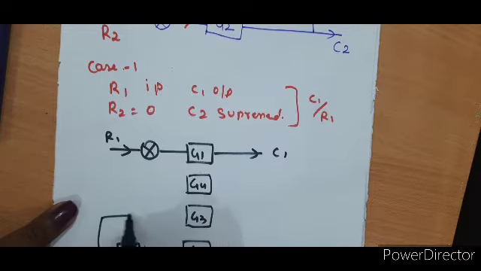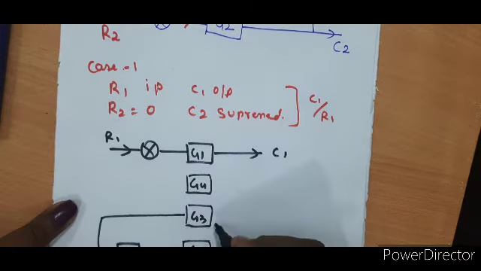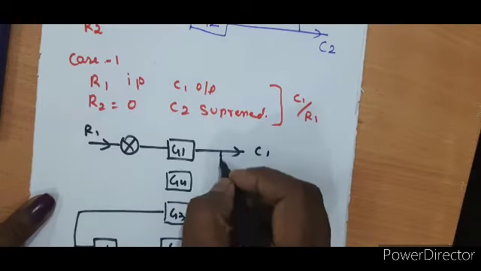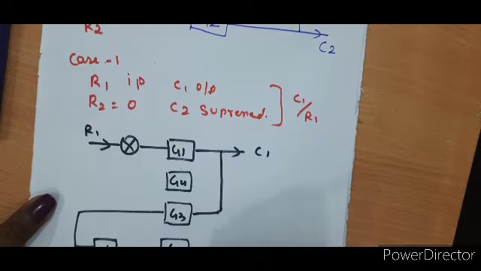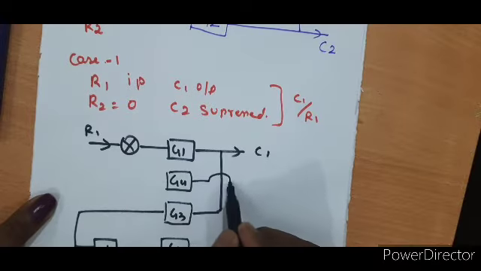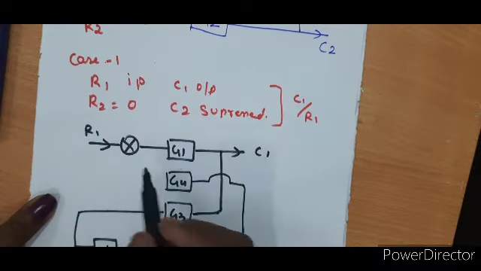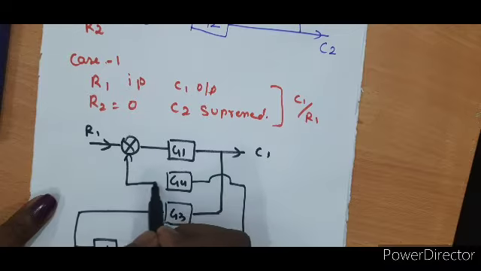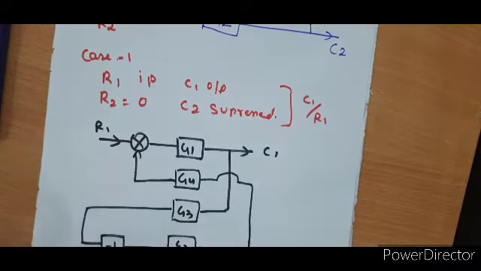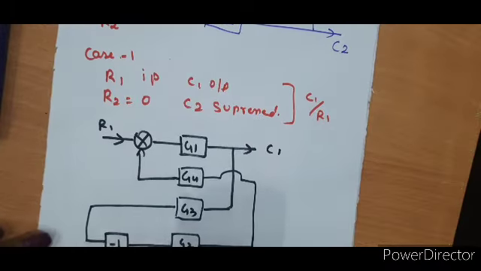Now this input is connected to this G3. You can see it in the problem. It's connected to G3, and from G3 it is connected to this point. Next, from G2, I am not getting C2, but instead it is connected to this point. Now this will be my circuit.